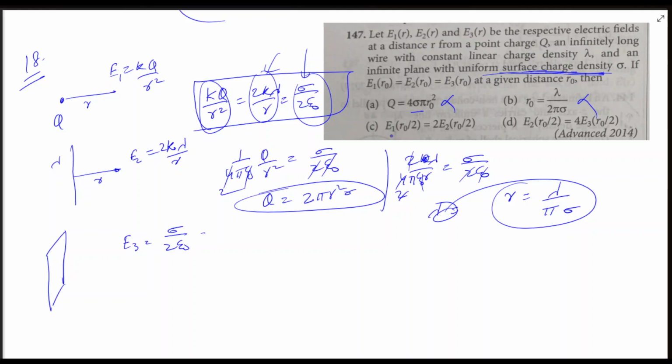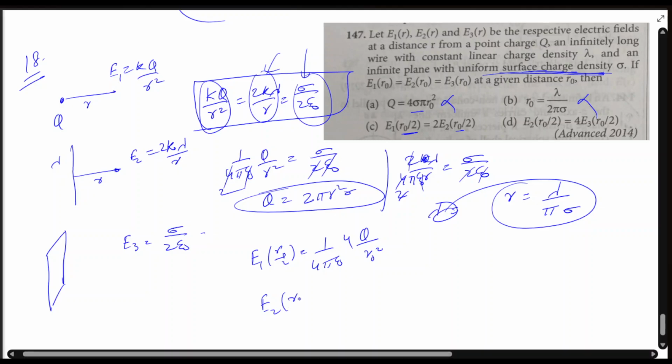Now option C. Now we have to put R naught by 2 in E1 and in E2. So E1 at R naught by 2 will come out to be 1 upon 4 pi epsilon naught, Q upon R naught by 2 whole square, so R naught square by 4. So it will be like this.